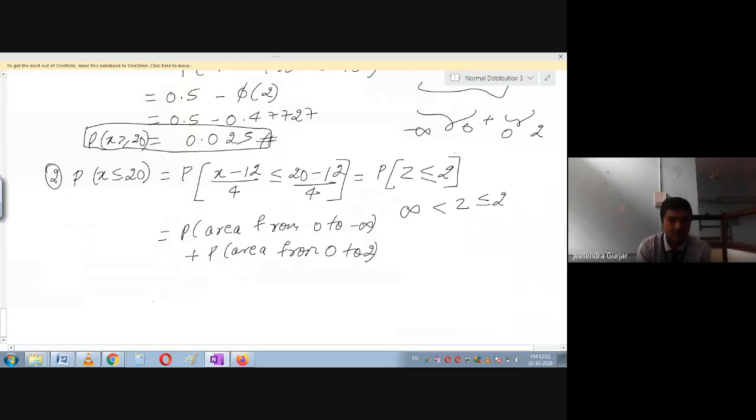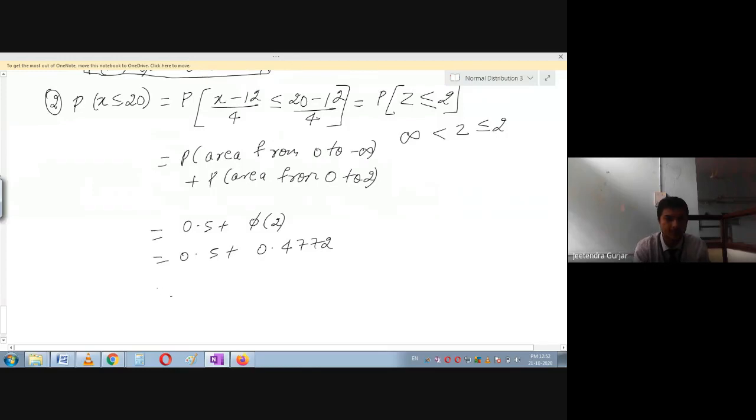So now I will take this. This is equal to 0.5. This is 0.5. And this will be phi of 2. I think you already calculated this in the last example: 0.4772. Therefore, you must get 0.9772 as the correct answer.